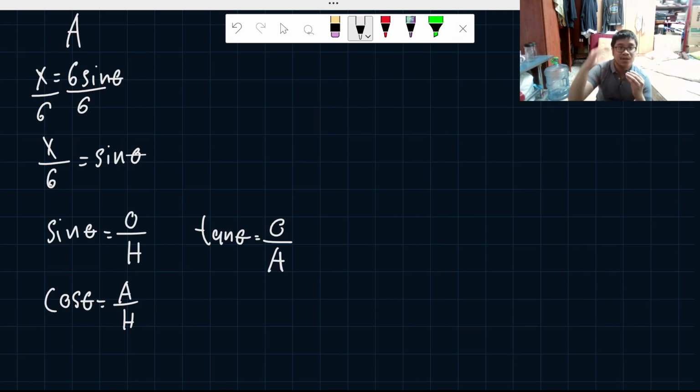So now we will take a look at sine theta. Sine theta is again opposite all over hypotenuse. So that means whatever's above in the fraction, that's your opposite, and what's below in the fraction is your hypotenuse. Therefore, your x, since it's above or in the numerator, is your opposite, and your 6 is your hypotenuse. Okay?